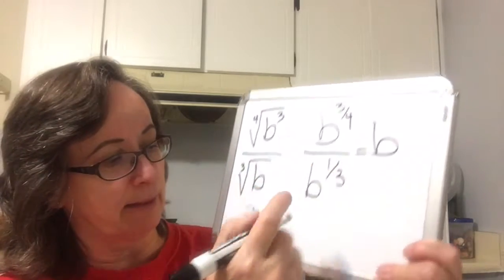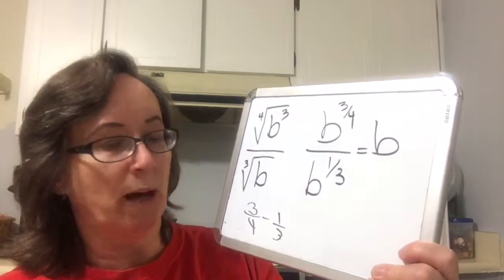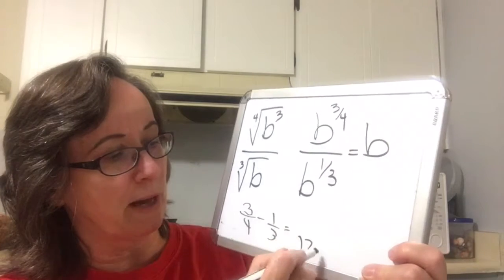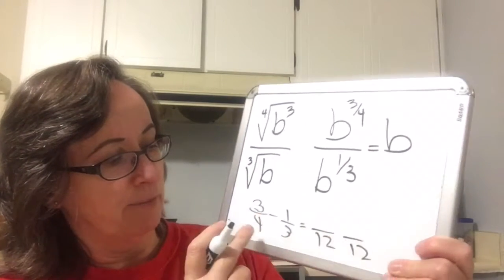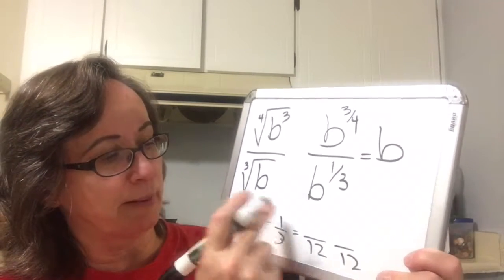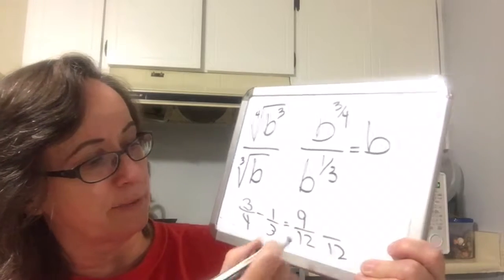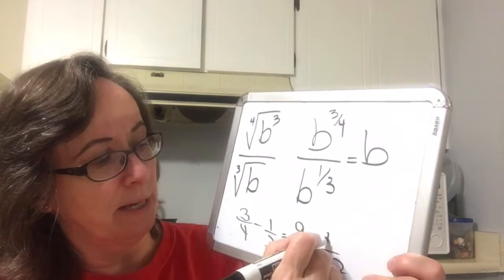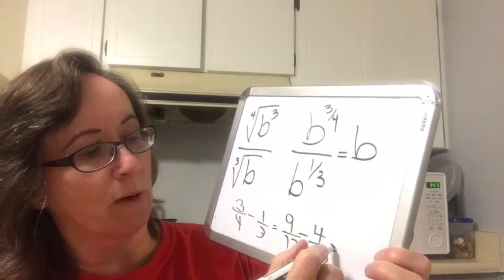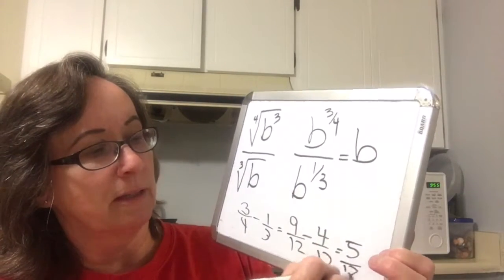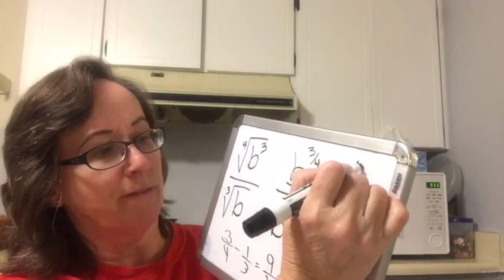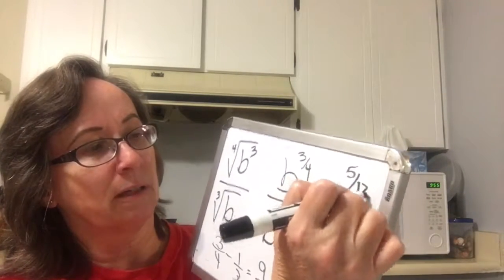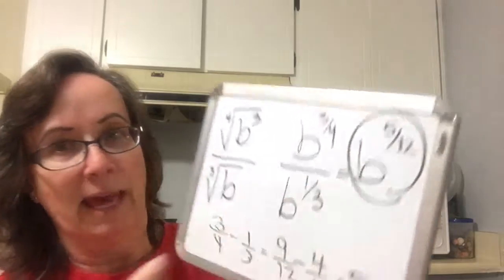I'm subtracting these. So I need to get to the 12th as a denominator. So 12, 12. If I multiply this one by 3, so I multiply this one by 3, I get 9/12. And I multiply this one by 4, I multiply this one by 4, and I get 9 minus 4, or 5/12. So b to the 5/12 would be that answer.